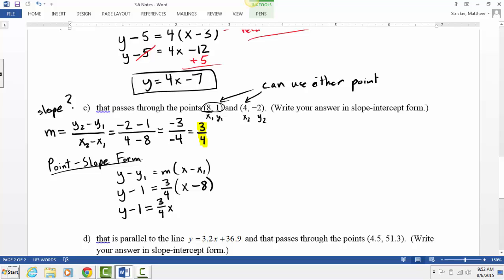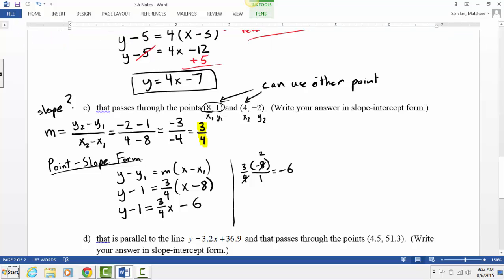And then we have this other one. We have 3/4 times negative 8 over 1. 4 goes into 8 twice. So this is really 3 times negative 2, which is negative 6. That's not that bad. So it's going to be minus 6.